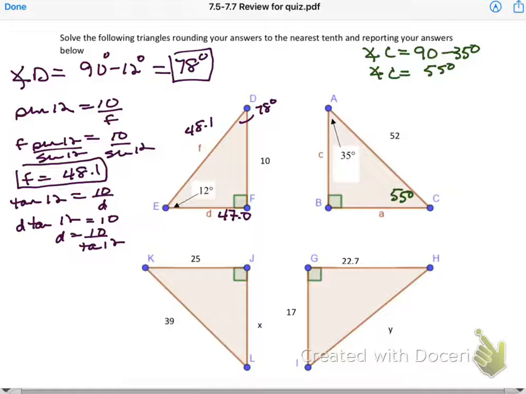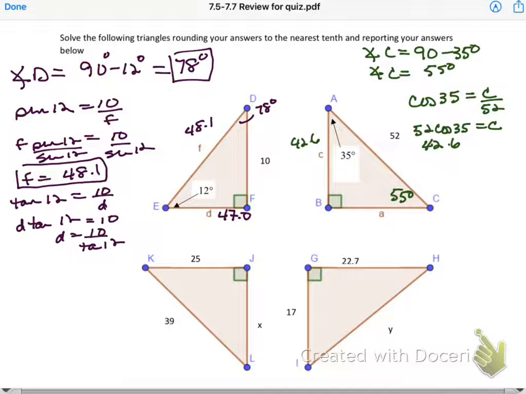So why don't I say the cosine of 35 is adjacent over hypotenuse. So 52 times the cosine of 35 will equal C. And I am getting, for little c, 42.6. Now I still need A.